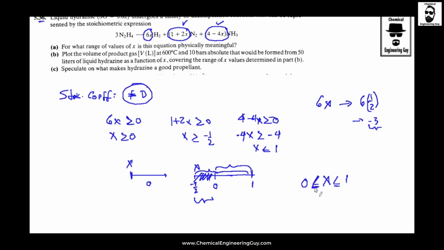So I'm not going to include 0. I'm going to include 1? Yes I will. Actually, no, you should never include 1 either, because 1 minus 4 times 1 gives 0, which is also not valid. So please do not include these values.